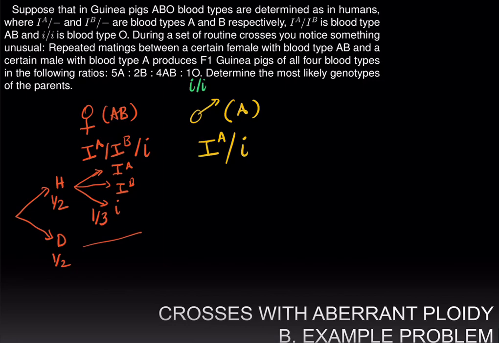Now, the diploid also has 3 genotypes possible.